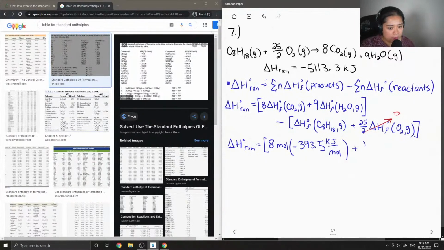Okay, so this is added to 9 times the delta H of formation of H2O gas. So on the table, this is equal to negative 241.8 kilojoules per mole.